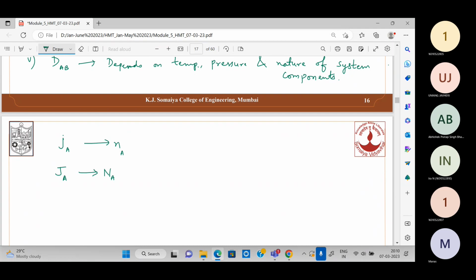Now when we work with Fick's law, we can say the mass flux Na and the mass concentration rho A are as in equation 1, which we have written earlier.